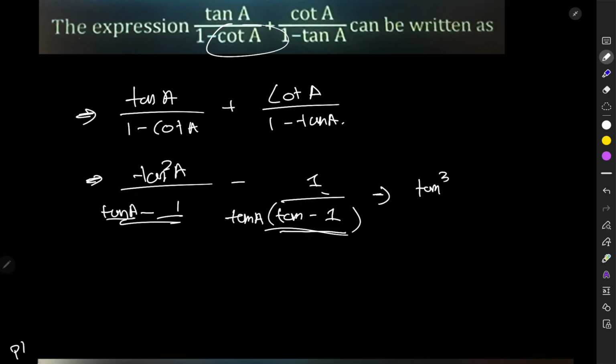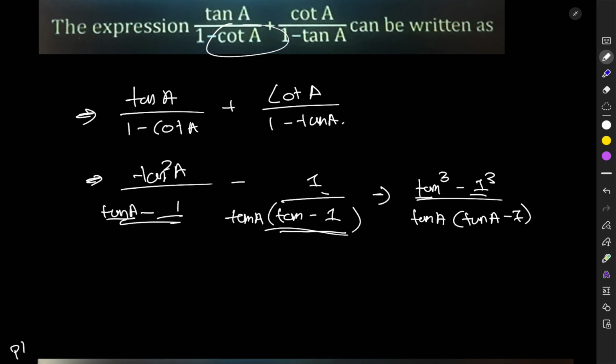So tan cube A minus 1 divided by tan A minus 1, right? So now you can see this is in the A minus B cube formula, right? It is in the form of A cube minus B cube, right?